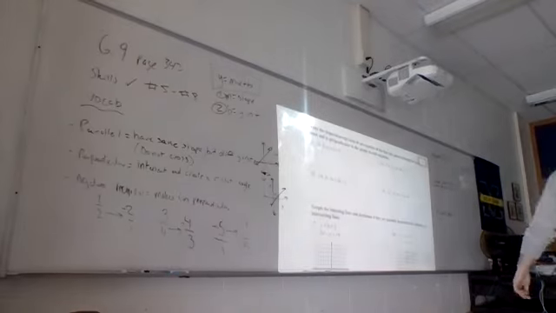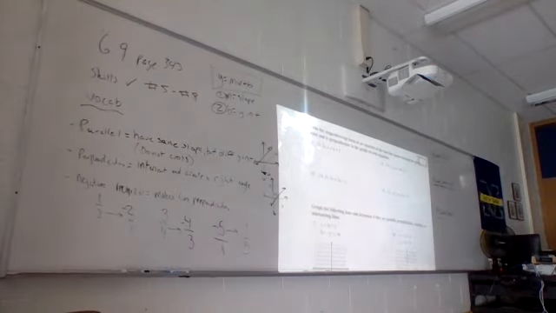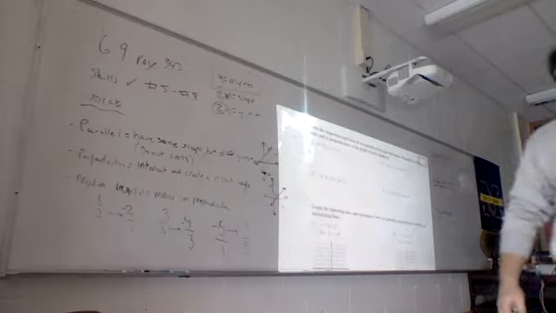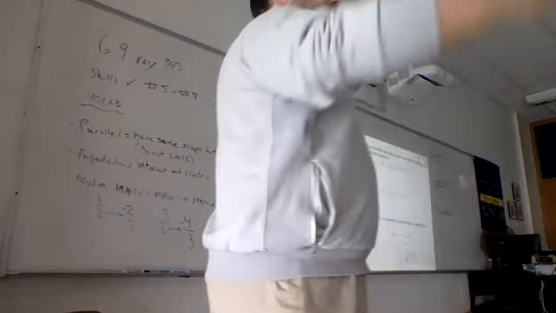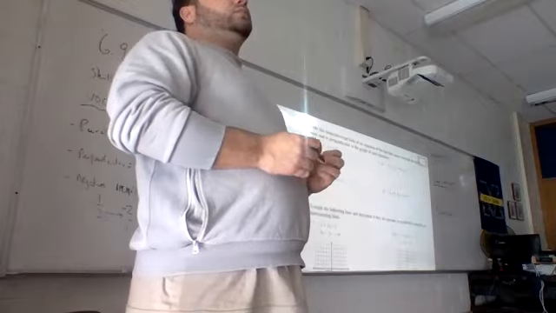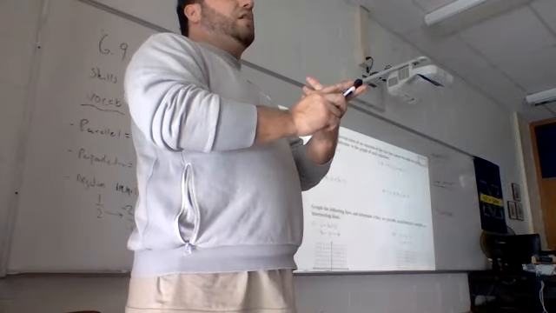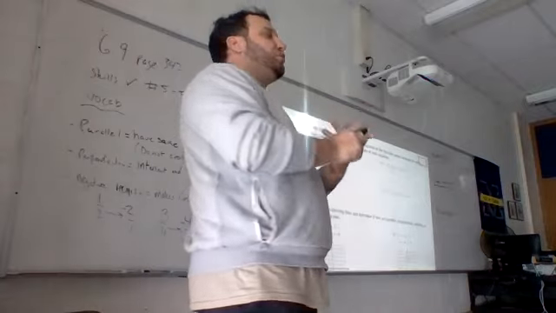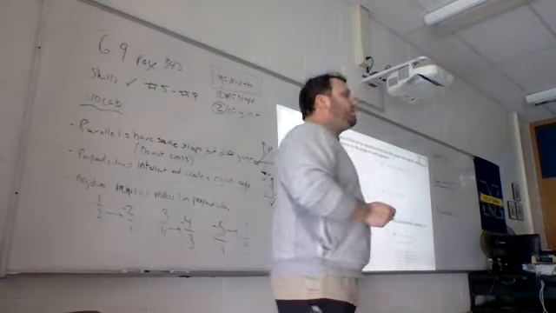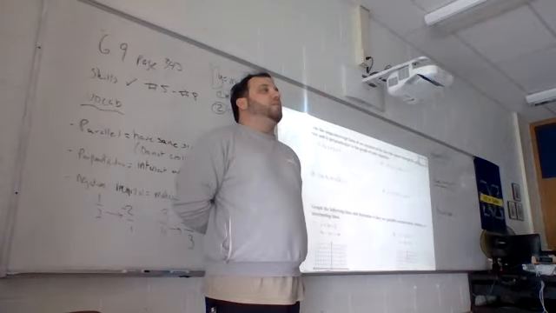Negative reciprocal, right? The parallel lines have the exact same slope. So if one line has a slope of 5, the parallel line also has a slope of 5. If a line is parallel to a line with a slope of 5, what slope does that line also have? 5, right?